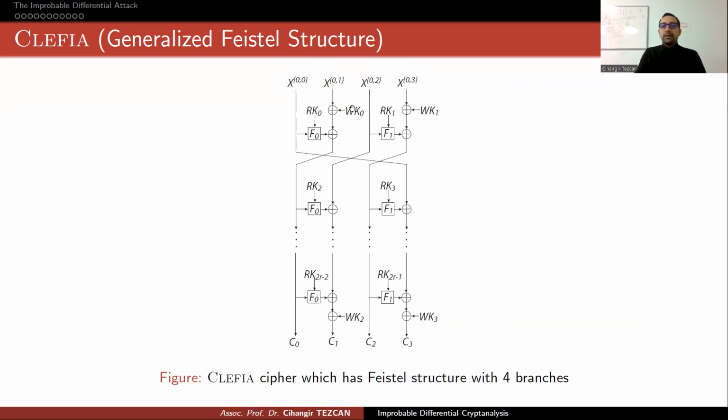So every line here represents 32 bits. This is what we call a generalized Feistel structure. As you can see, we have some whitening keys initially and at the end. Here we have simple round functions, F0 and F1, and I will show you how they work. The result is XORed and it goes like this.